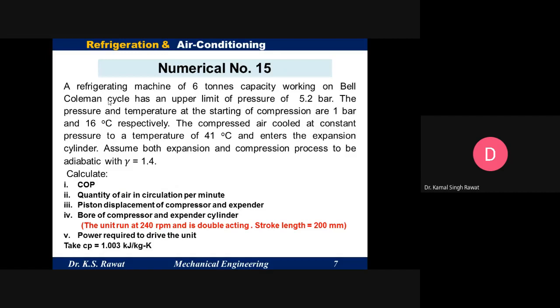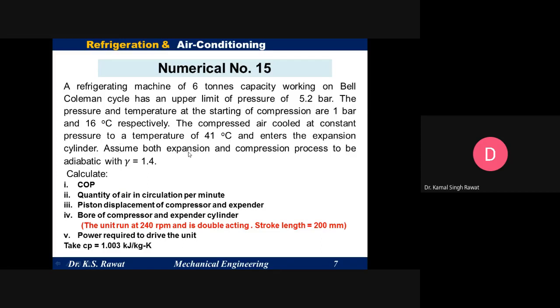A refrigerating machine of 6-ton capacity working on Bell-Coleman cycle has an upper limit of pressure of 5.2 bar. The pressure and temperature at the starting of the compression are 1 bar and 16 degrees centigrade respectively. The compressed air is cooled at constant pressure to a temperature of 41 degrees centigrade and enters the expansion cylinder.